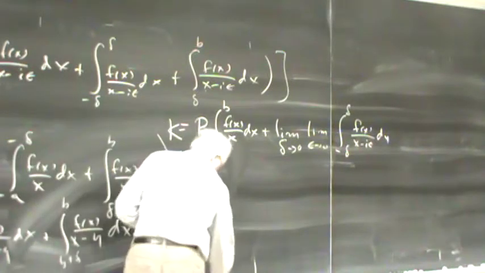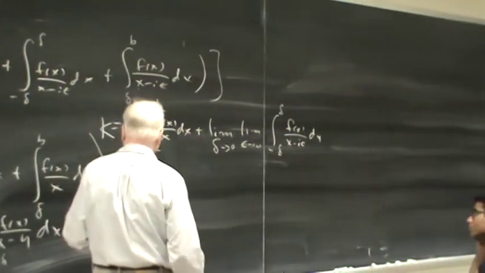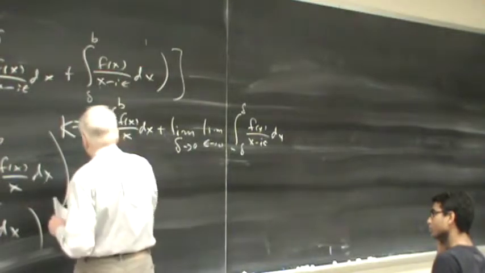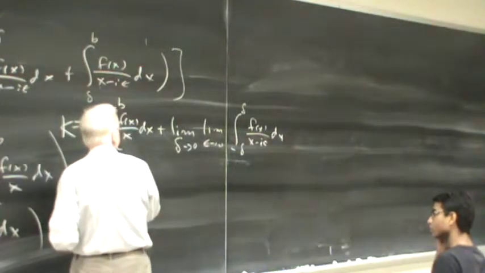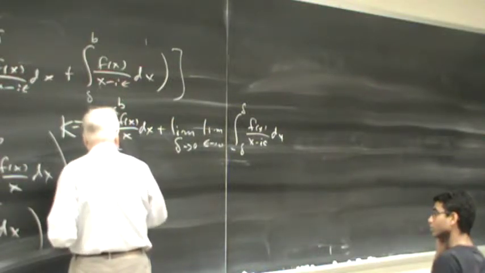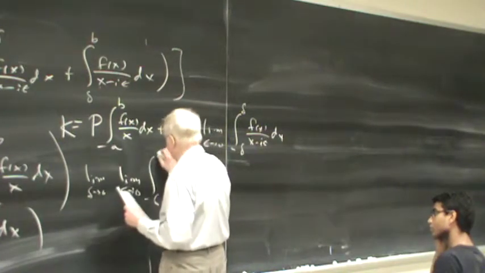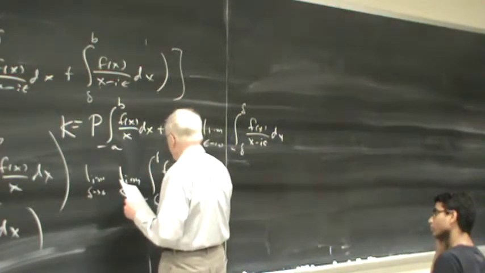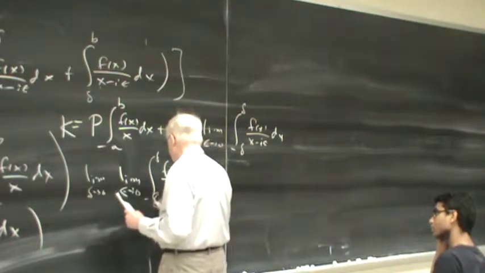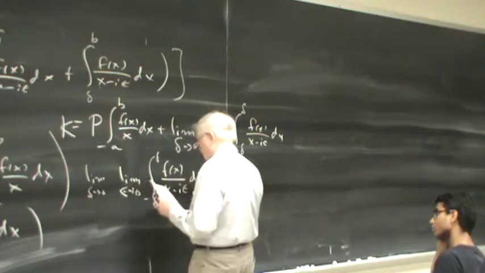Okay, now what we can do is, let me focus on the second term. So first of all, the limit delta going to 0, then the limit epsilon going to 0 of the integral from minus delta to delta of f of x over x minus i epsilon dx.